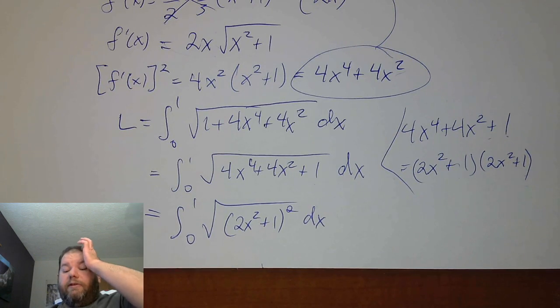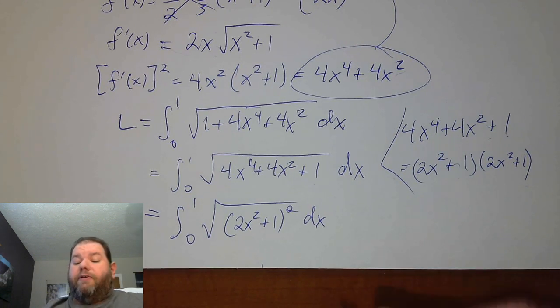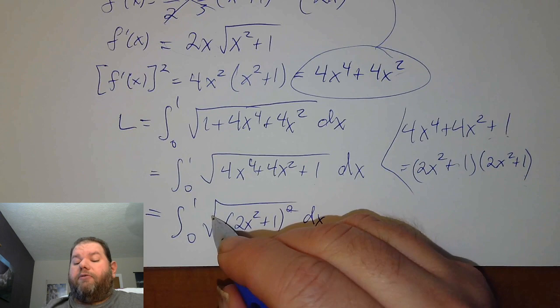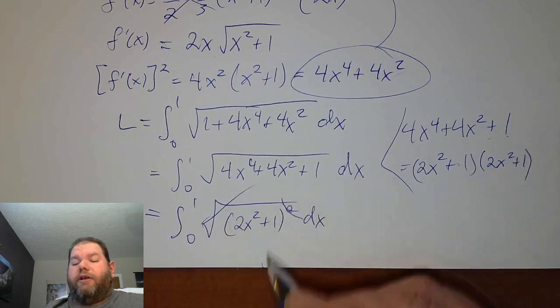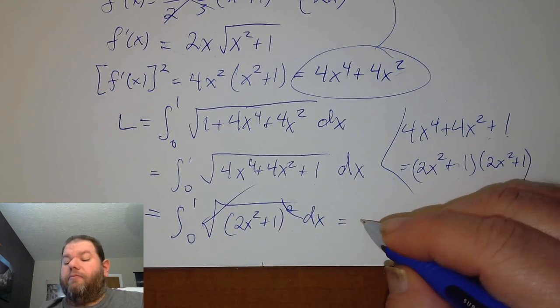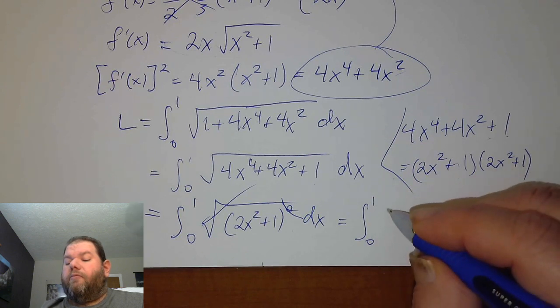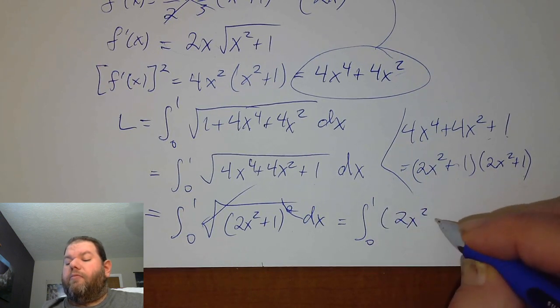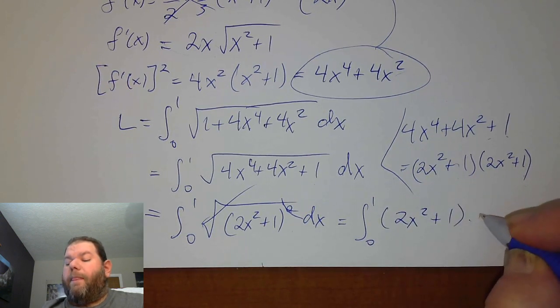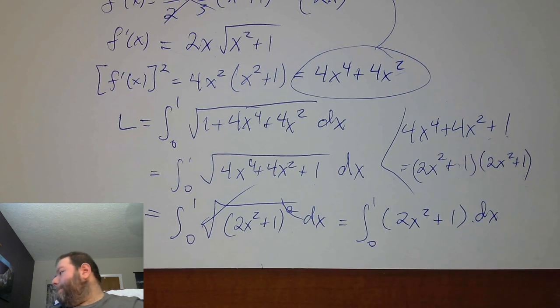And that's great in this case because we have a square and we have a square root, so those are just going to cancel out. And so it leaves us with an integral of 2x squared plus 1 from 0 to 1.